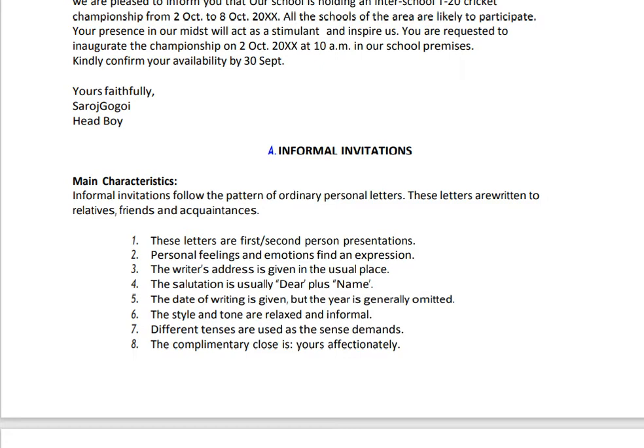The language that you use has to be informal. The tone that you use in the letter has to be informal. Different tenses are used as the sense demands, as the situation demands. The complementary clause is "Yours affectionately," or you can write "Yours lovingly."